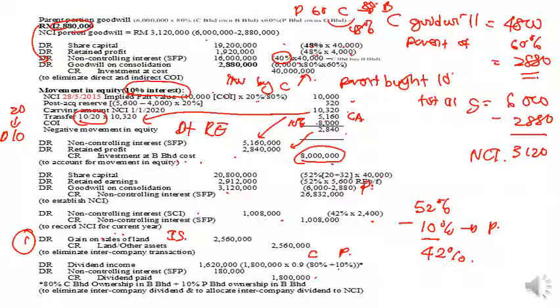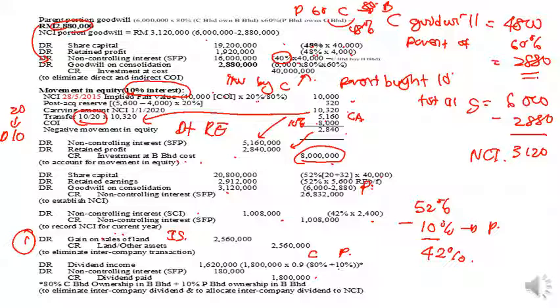From that 4,800, parent has a portion of 60%. So 60% times 4,800, you're going to have 2,880. So this is the portion for the goodwill for the parents.